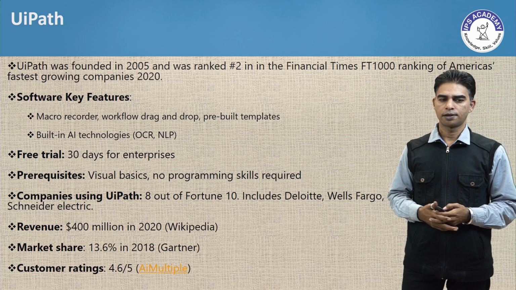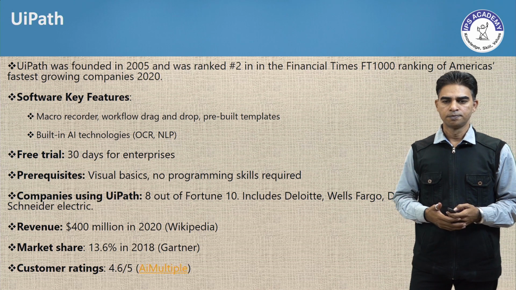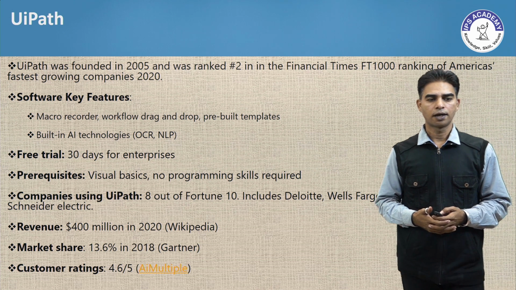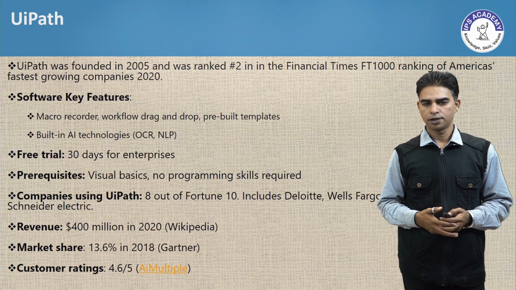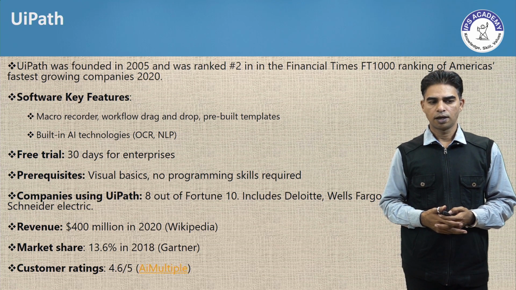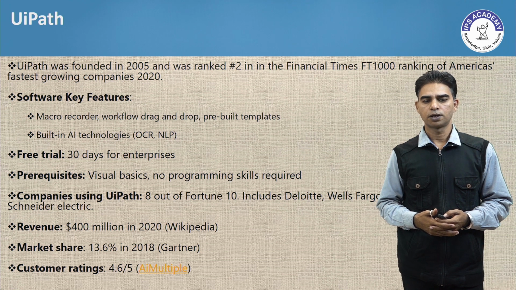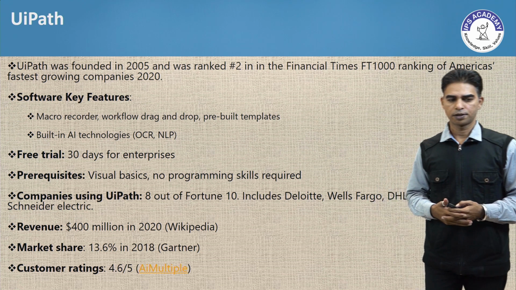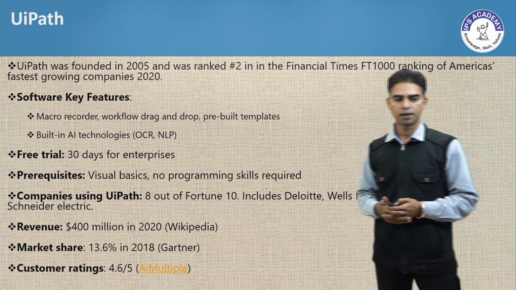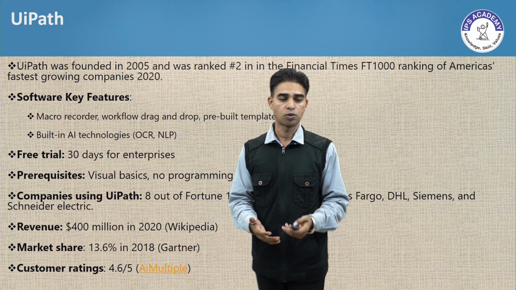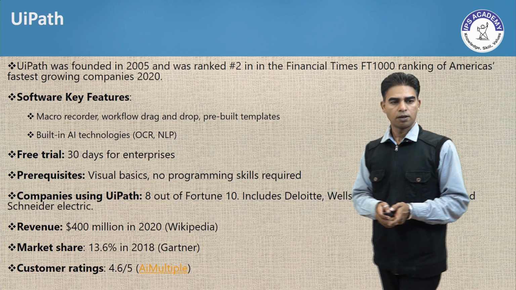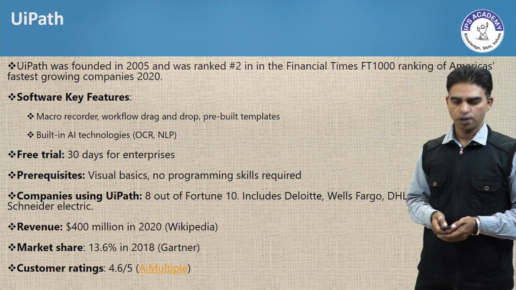These are very well-known terms in AI and ML. It also provides a 30-day free enterprise edition. The company using UiPath is valued at about 400 million in 2020, and its market share is about 13.6 in 2018. So there are some key features of UiPath Studio.